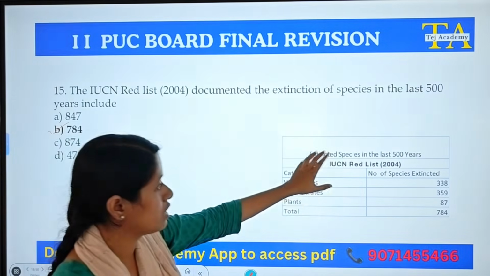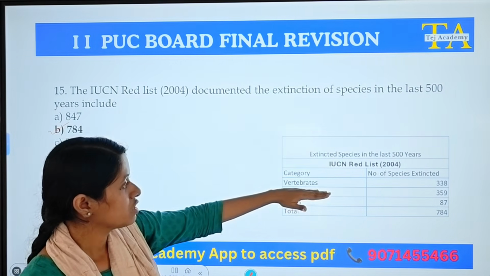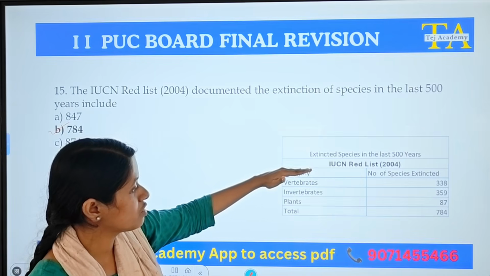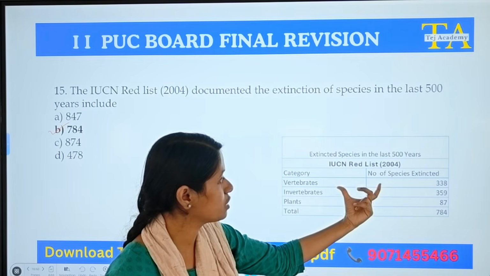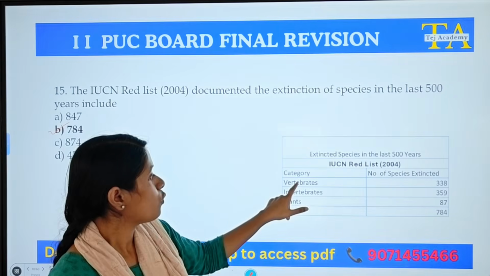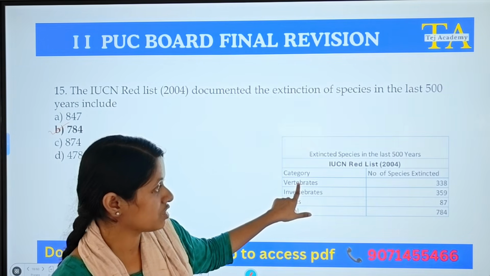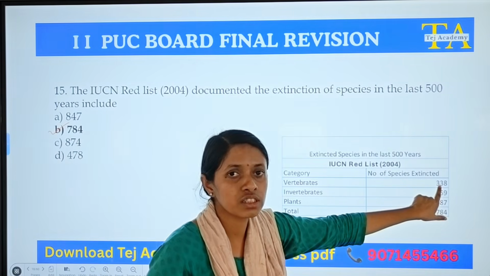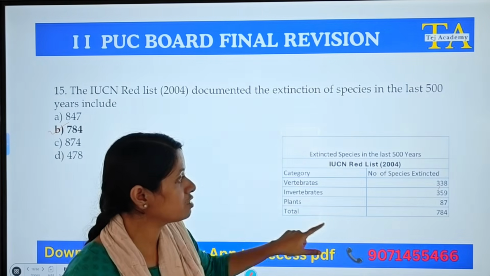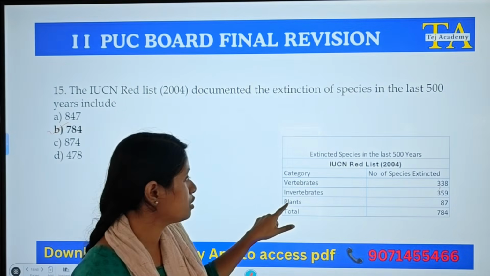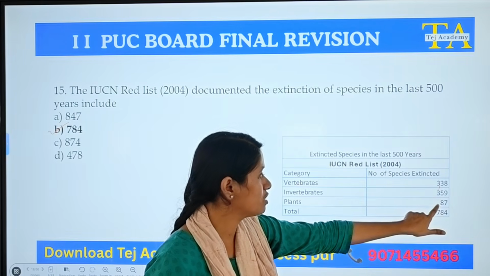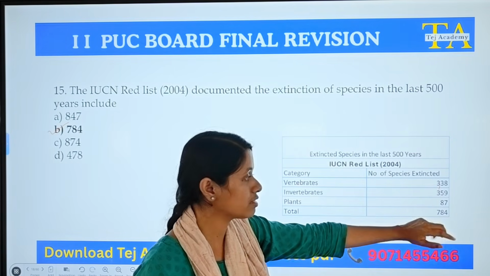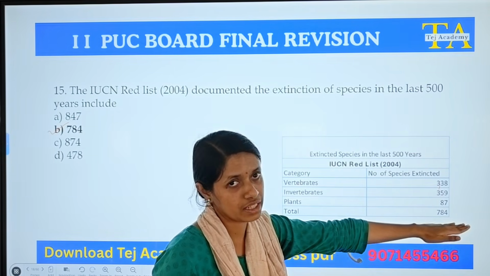Okay, this is the list. You can see the category of organism that got extinct and the number of species extinct is made into a small table. Vertebrates that got extinct is 338, invertebrates 359, and plants amount to 87. So if you add all of these organisms that got extinct, then you will get this number 784.